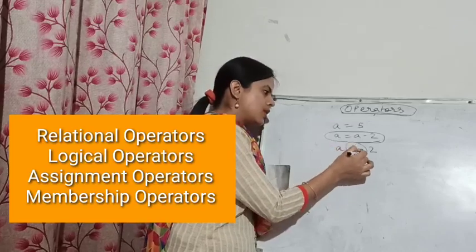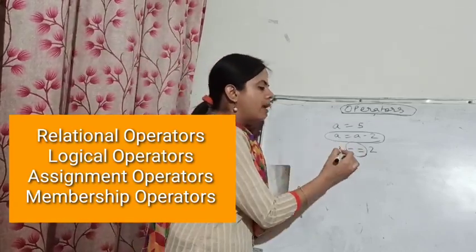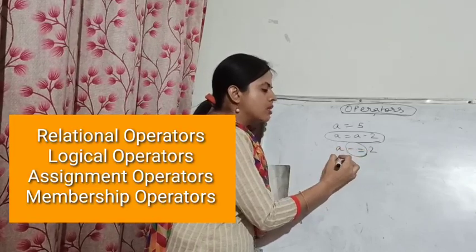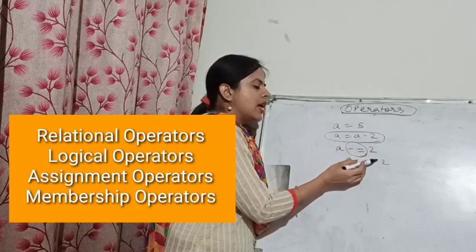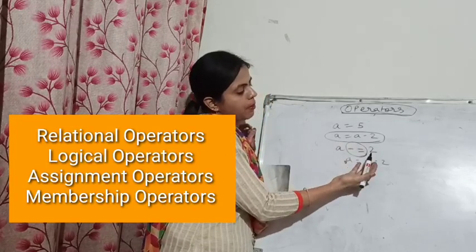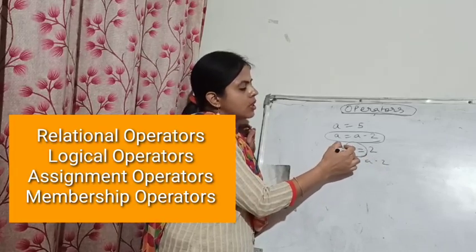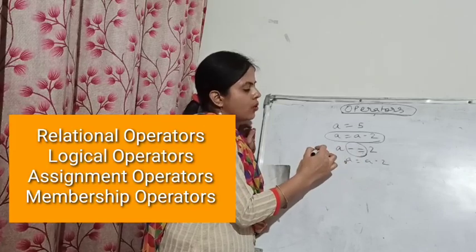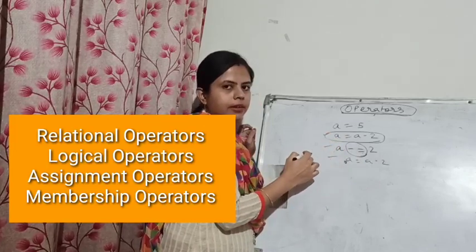So this was the assignment operator for which I have given you the example. So a minus equal to 2 means a is equal to a minus 2. When you want to decrease the same value, or you can say subtract something from the same variable, you can use this minus along with the equal to sign. So you can write both the expressions. Both these are correct.